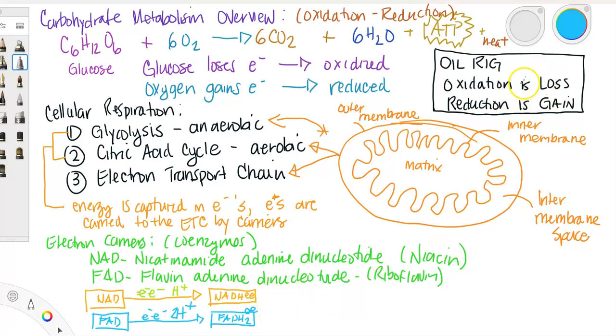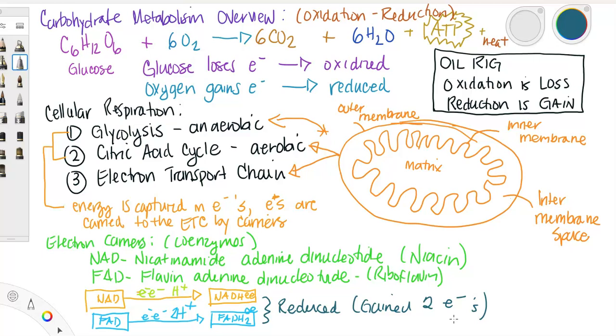So these two things, these two coenzymes, have been reduced. They gained two high energy electrons. And they're going to hold on to those and carry them through the mitochondria over to the electron transport chain to make ATP.